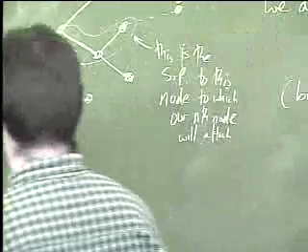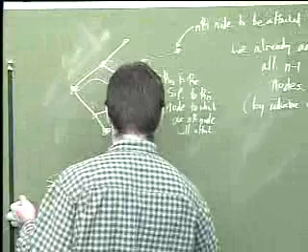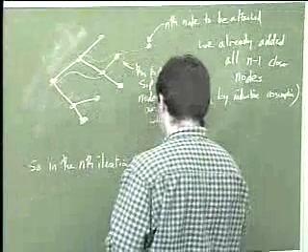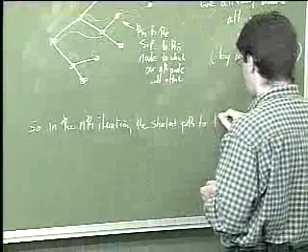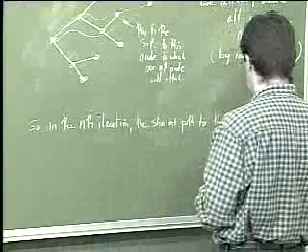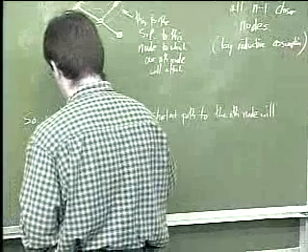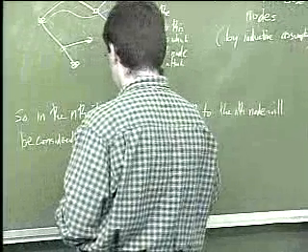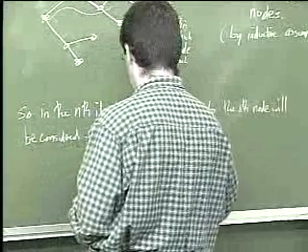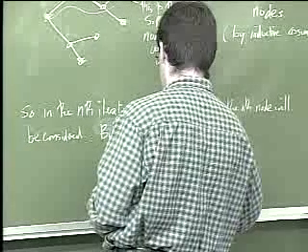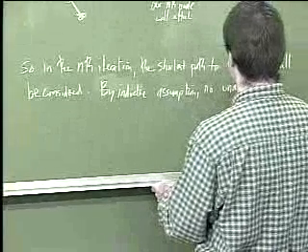So in the nth iteration, the shortest path to the nth node will be considered. Okay, no other nodes, by the inductive assumption, no unattached nodes are closer.